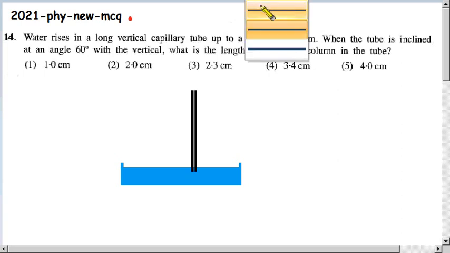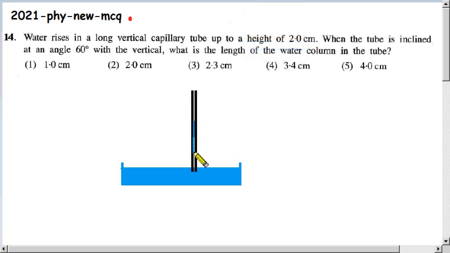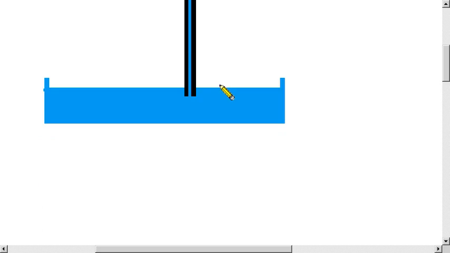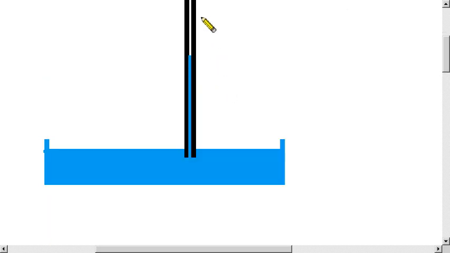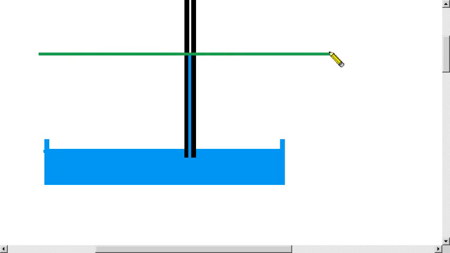So let us show the water column like this inside the tube. Then just a little. Okay, so let us mark first of all this level, the horizontal level of this meniscus. So like this.